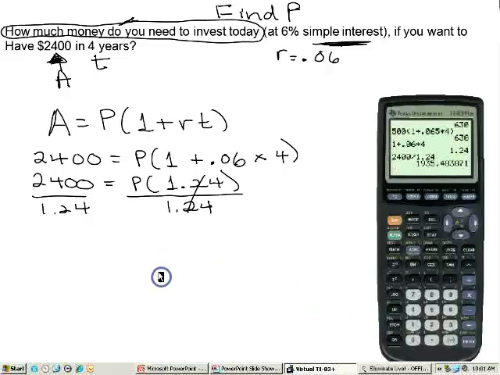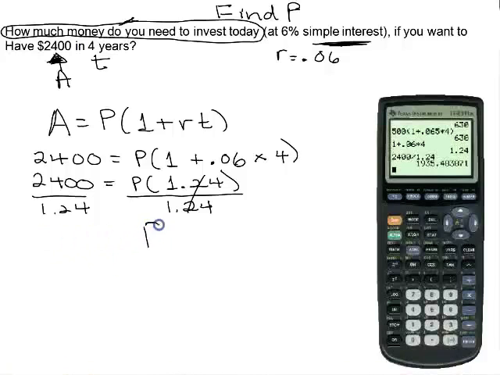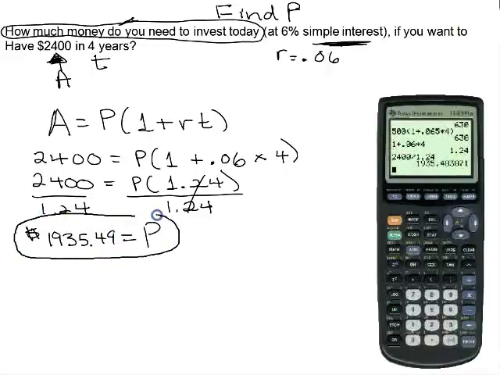Okay. Well, let's see. If I round up to play it safe and make sure I'll have the $2,400 in 4 years, then P will be $1,935.49. I know the mathematical rule of rounding would tell you 48 cents, but I'm going to round up to 49 cents to make sure at the end of my investment I do have the $2,400.